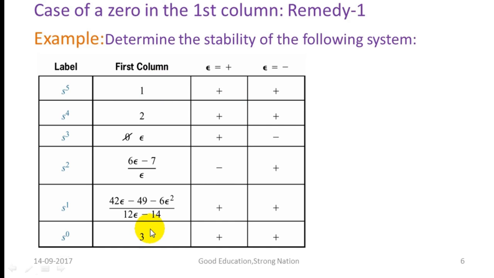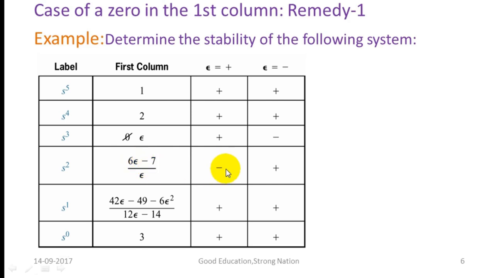So here we'll have to focus on all those elements about the sign changes, or what are the various signs. If we assume epsilon as a positive quantity, then this 1 is positive, 2 is again positive, epsilon again is positive, 6 epsilon minus 7. Since epsilon is a very small positive quantity, obviously 7 is greater than 6 epsilon.